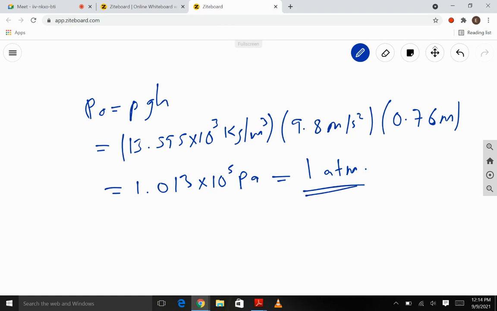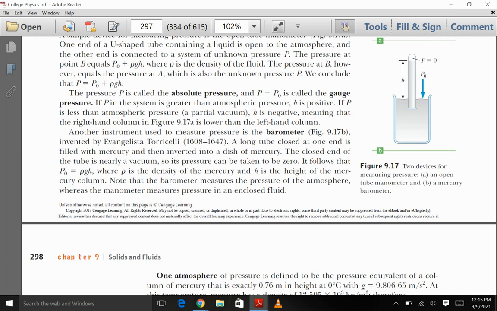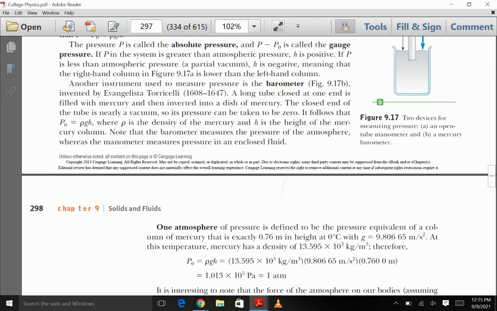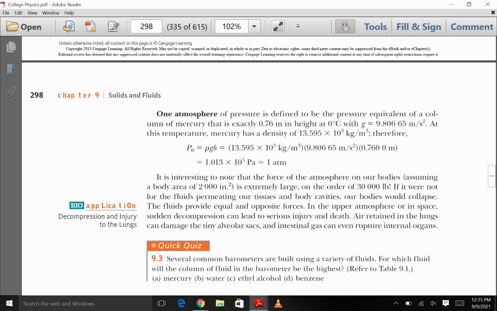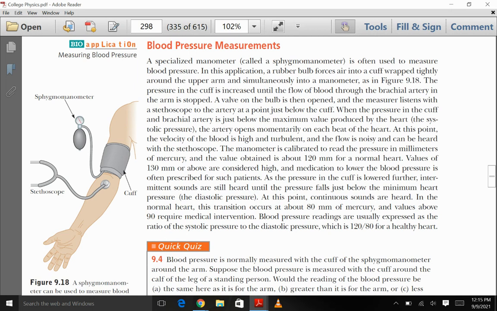So the take home message is that a barometer measures the pressure of the atmosphere, whereas a manometer measures pressure in an enclosed fluid. And that's why a manometer is used to measure blood pressure. So they're just an application, they're measuring blood pressure, all because of the manometer, right? Because you're measuring the blood pressure.